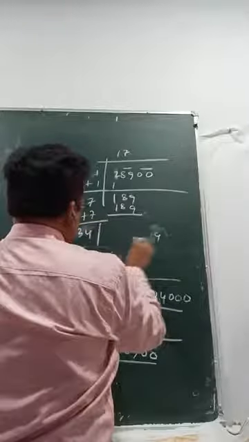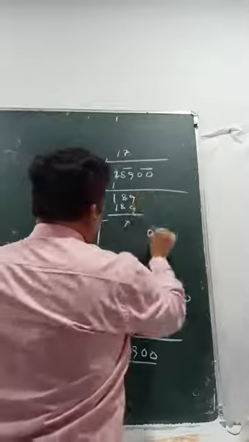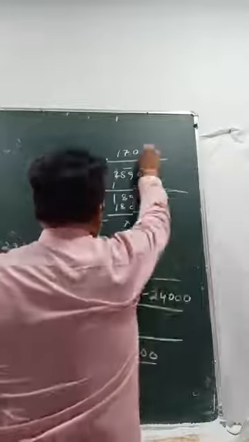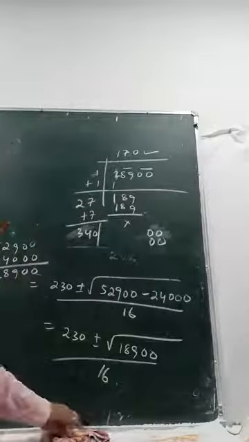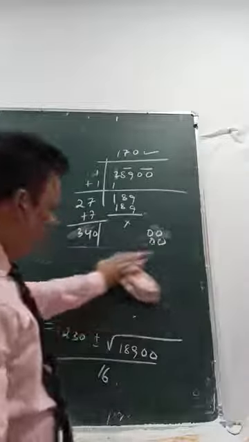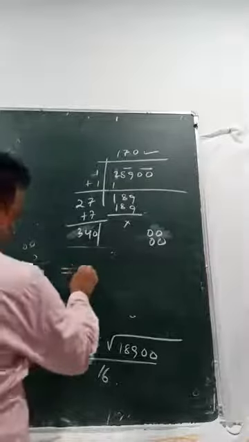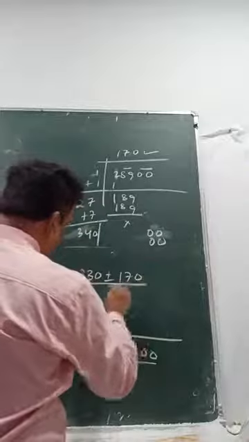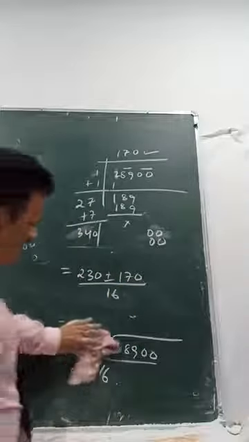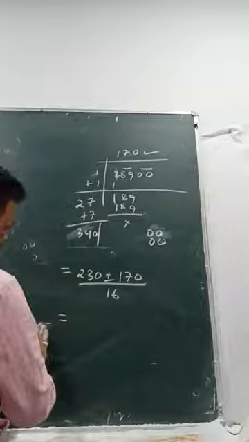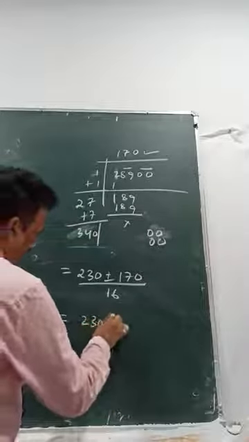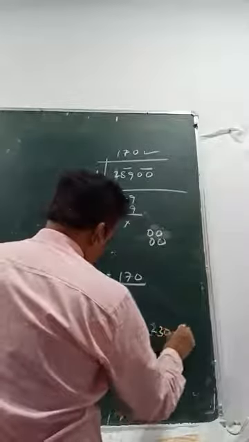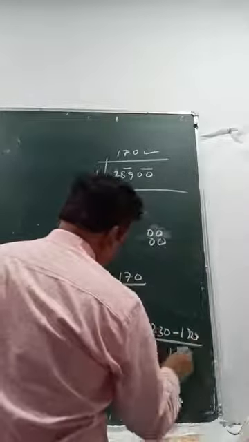34. So which number comes? 2 zeros. So last 2 digits 0 means put 0. So what is this? 170. So you are going to find 230 plus minus 170 by 16. So what do you get? This is 230 plus 170 by 16, 230 minus 170 by 16.